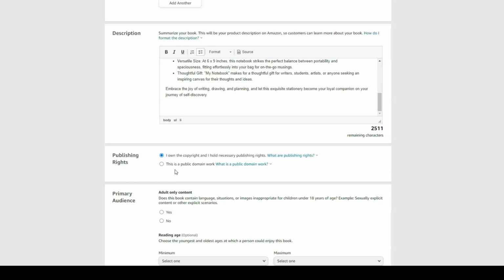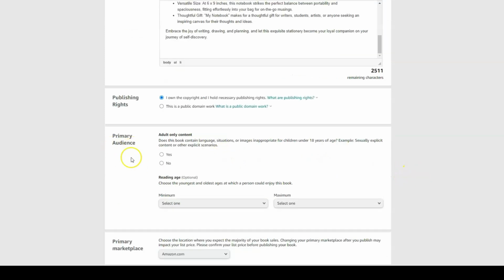So I don't make these type of books because I think that the rules are very strict, and it's a very easy way to get banned on Amazon if you don't do it the right way. So I don't do this, and this is of no interest to us at the moment. Just make sure that you tick the publishing rights, the first one here, and you're good to go.